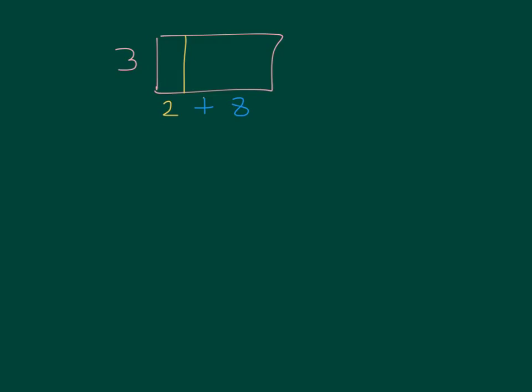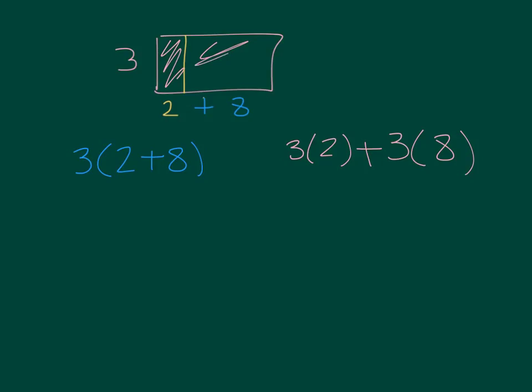So the first way was I just did 3 times 10, which is the same thing as 2 plus 8, right? That's the first way we did it. We just did 3 times 10, length times width. The second way we did it was I did 3 times 2, the area of this rectangle, plus 3 times 8, the area of this guy right here. And they equal each other.